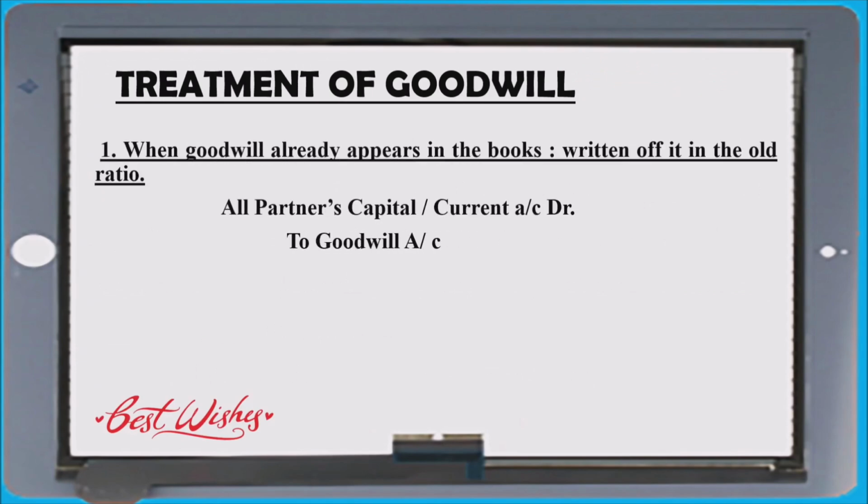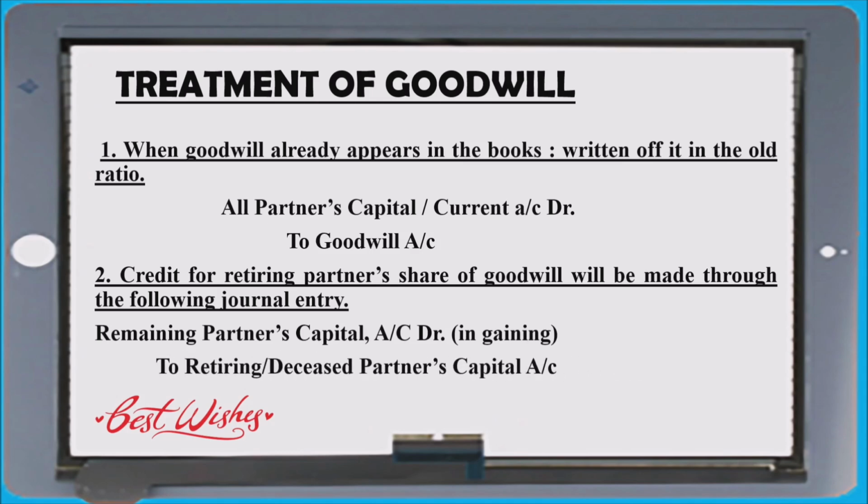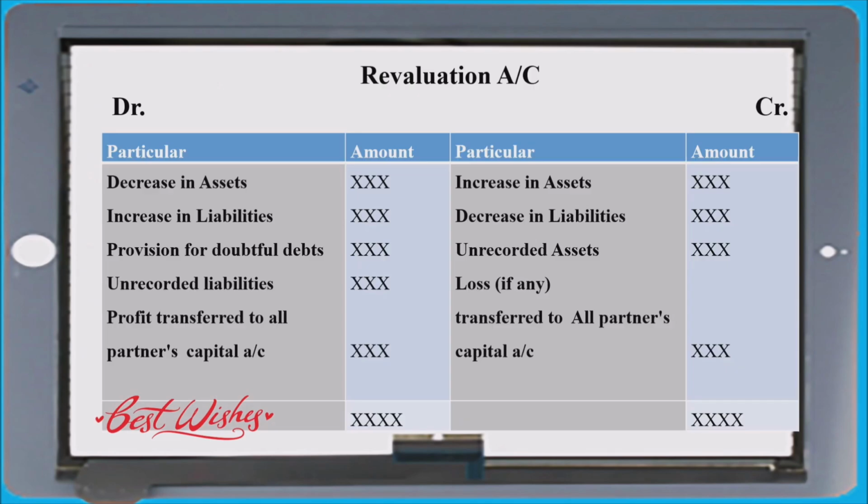When goodwill is already appearing, it will be written off among all the partners. So the entry will be all partners' capital or current account to goodwill. That will come in the debit side of capital account, and the retiring partner's share will be given by the other partners. So the entry will be remaining partners' capital to retiring partner, or gaining partners' capital to sacrificing partners.